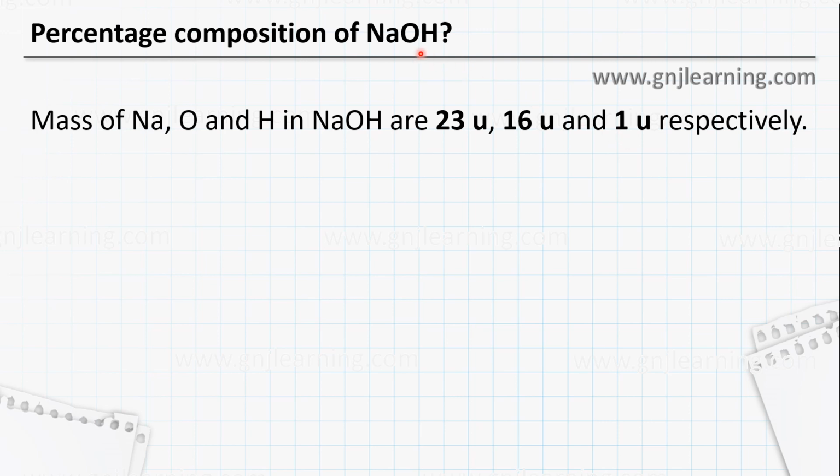And also I know the atomic mass unit of the entire molecule, or you can say molecular mass. If you add up the atomic mass of all the atoms, 23 plus 16 plus 1, you will get the molecular mass of sodium hydroxide. Either you can go for molecular mass or atomic mass, or you can take molar mass.